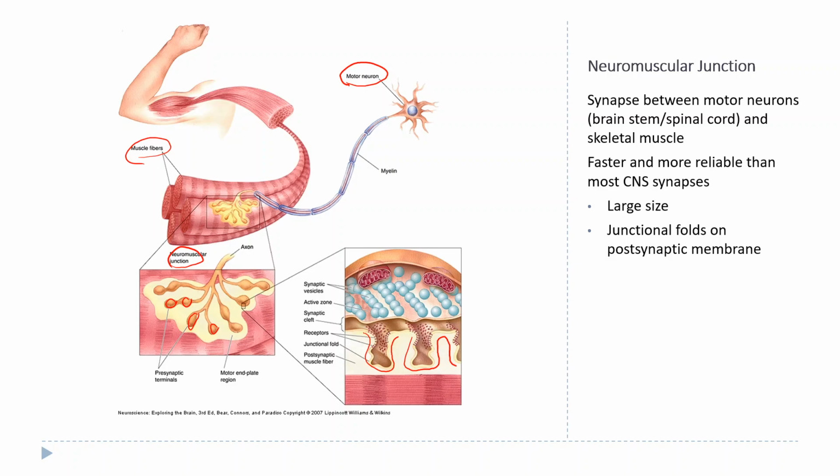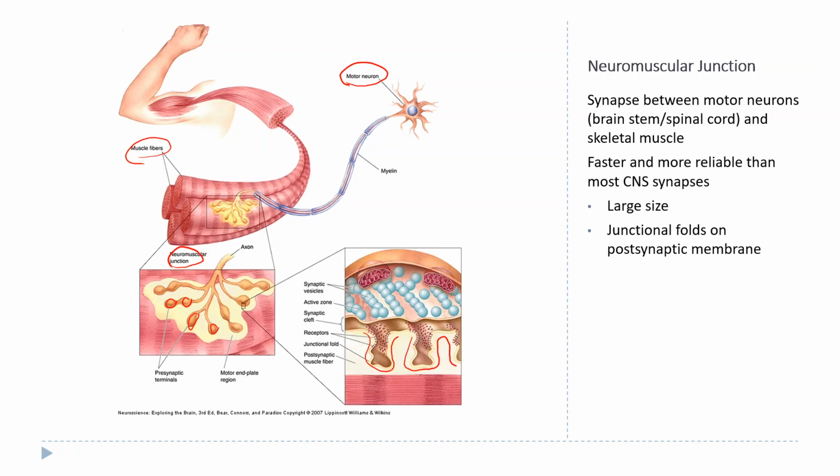And that's the functional difference between a neuromuscular junction and a CNS synapse: they're faster, so the response from the muscle to neurotransmitter release is much quicker. Again, that's because of the amount of neurotransmitter being released and the number of receptors that are available to bind.